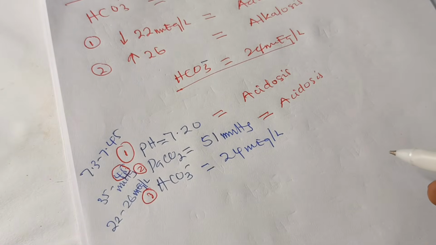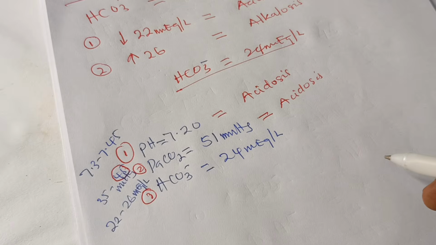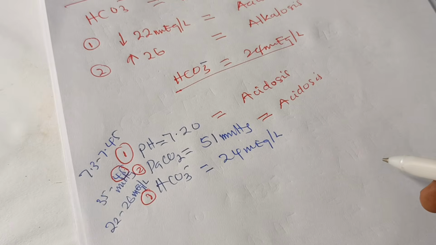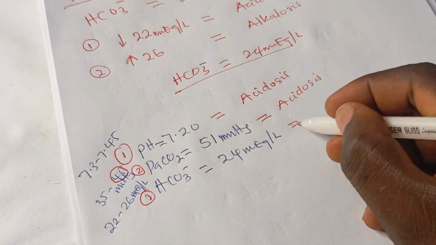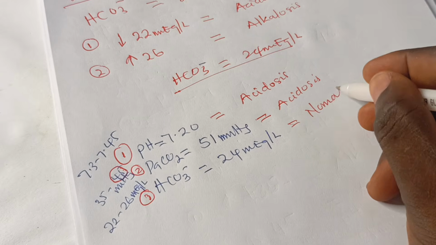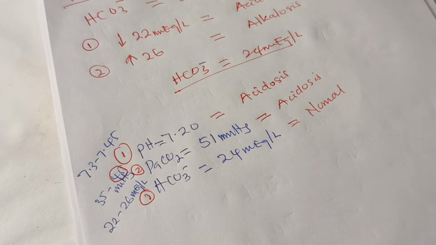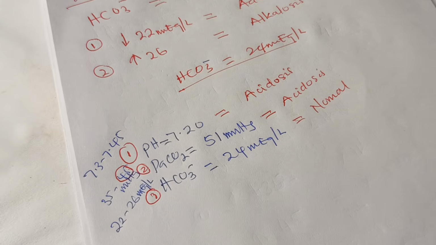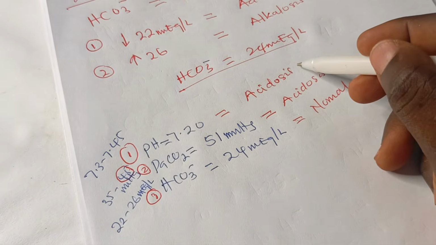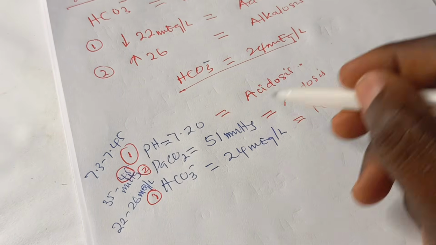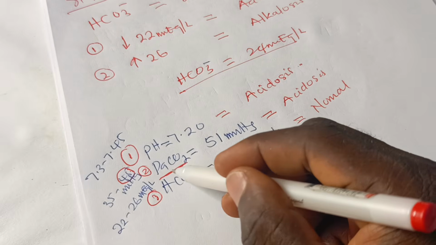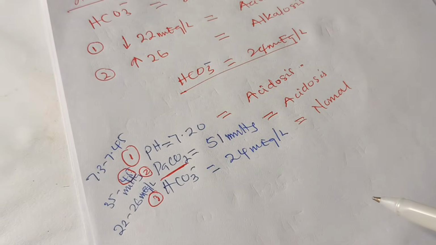Let's interpret the bicarbonate. Is it within normal? Yes, it's within the normal value. Therefore, this one is normal, so it's not going to cause any effect on the pH. Therefore, the only thing that agrees with this acidosis here is the value of the carbon dioxide.